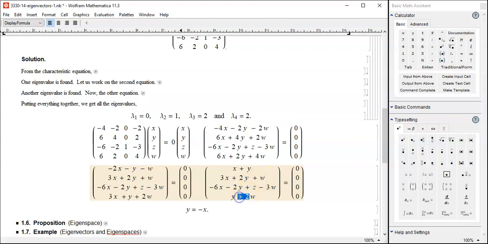And then that becomes minus w. 1 minus 2. So that's what we get. All right. y equals w. We got that too. So y equals negative x, y equals w. So what am I getting? x equals negative y, and w equals y.